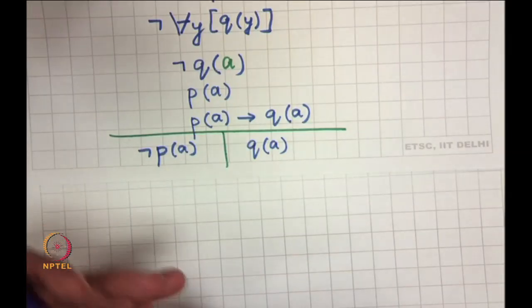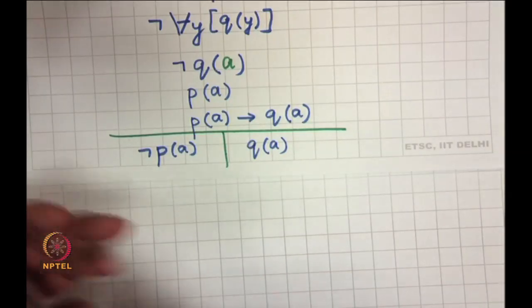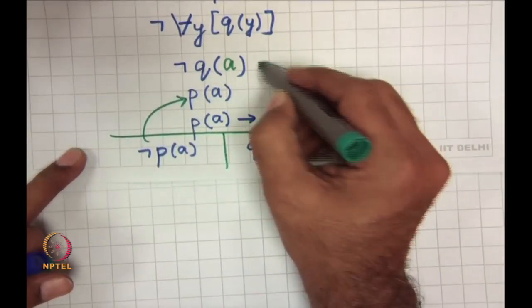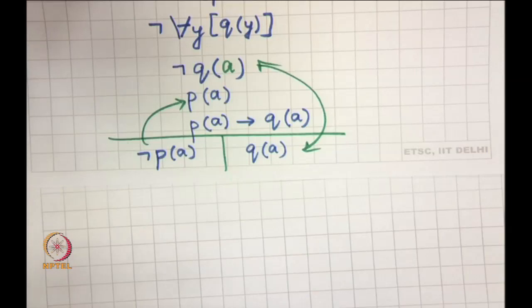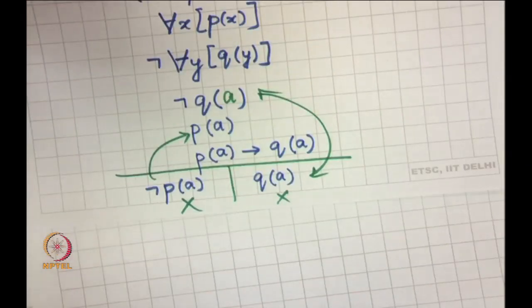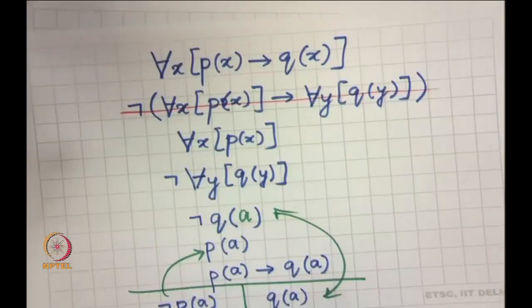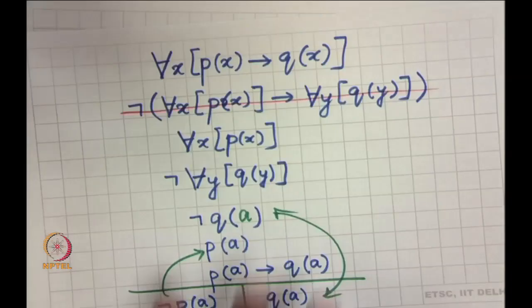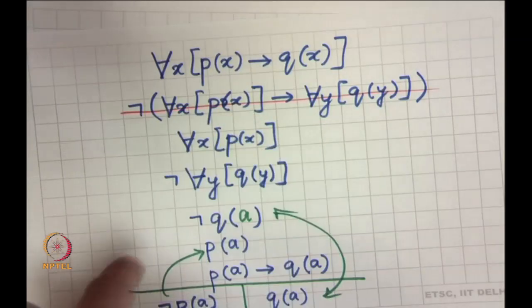Okay, so now what happens is, because of this and because of this, both the branches close. And so you have a closed tableau. So in addition to the fact that you postpone branching as much as possible, it's not just a slim tableau, it also ensures finiteness.